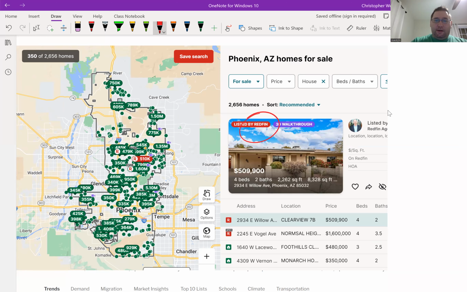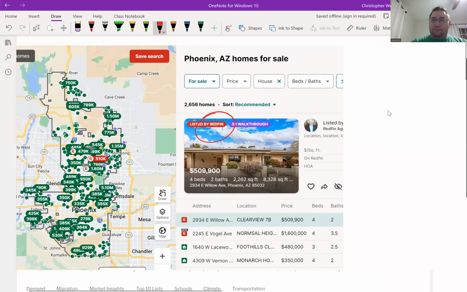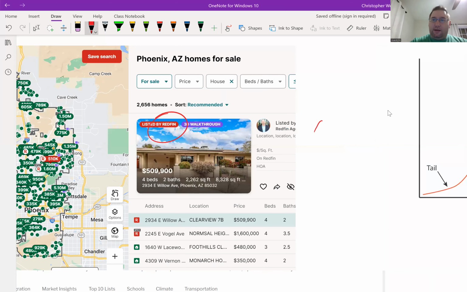Redfin right up here. And what I want to do is just kind of explain how we can do this, how we can look at a market and see where the listings are going and give you guys some understanding of what happened to the overall real estate market and see how it plays out in a statistical manner.